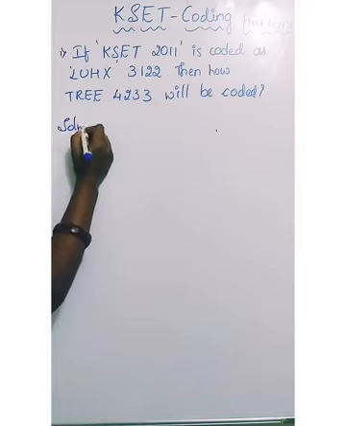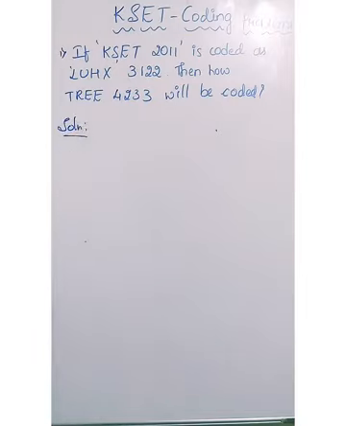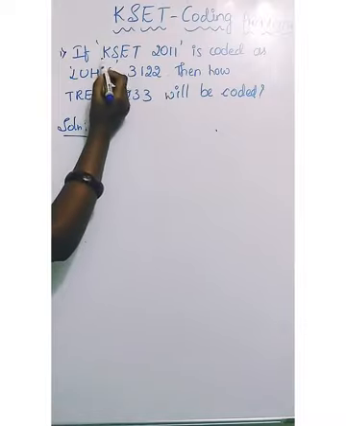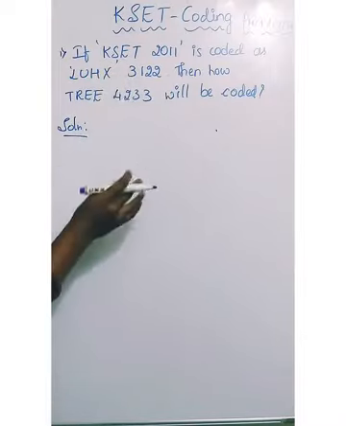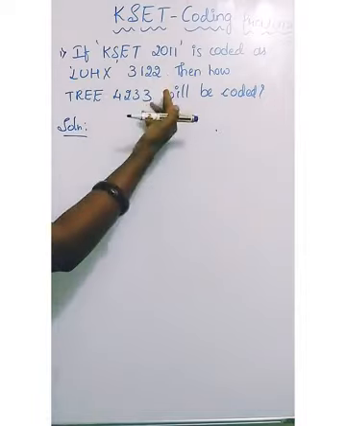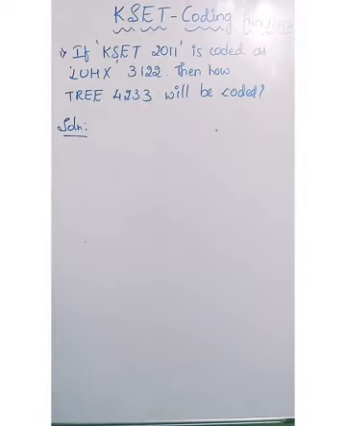Solution for this. See here, how they coded KSET 2011 as LUHX 3122, right? First we need to stick to the alphabetical letters, and then we will move on to numerical digits.